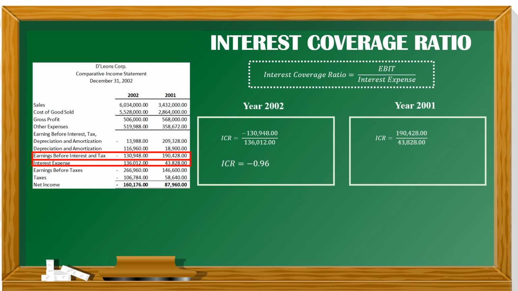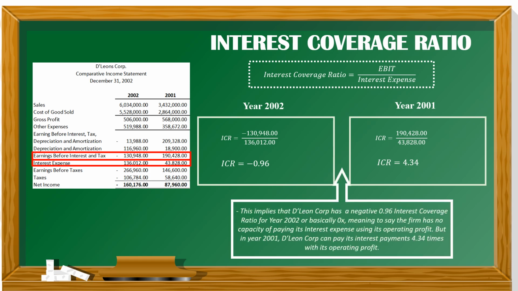Now, the interest coverage ratio, as a result, for 2002 is negative 0.96, while in 2001, it has 4.34.